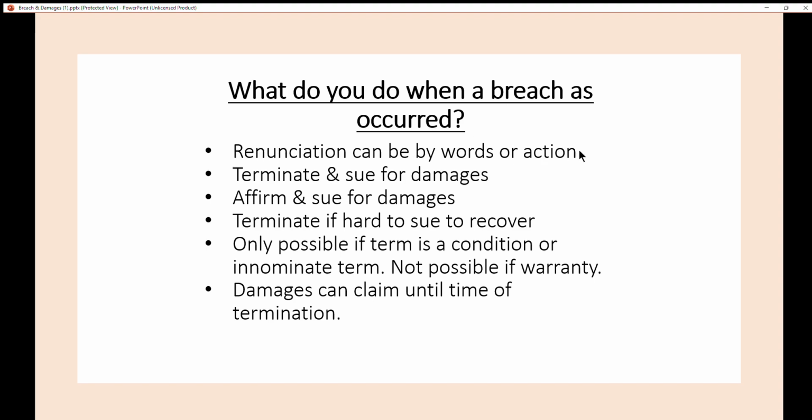This is very dangerous, because if you think he has renounced the contract, and you also terminate the contract, but he says, hey, I didn't renounce the contract, then you end up the party that is in breach of the contract, and he will sue you for damages, counter sue you. So you have to make sure that he has really renounced the contract.